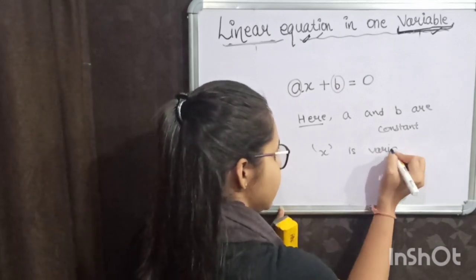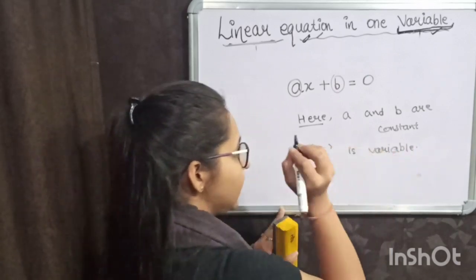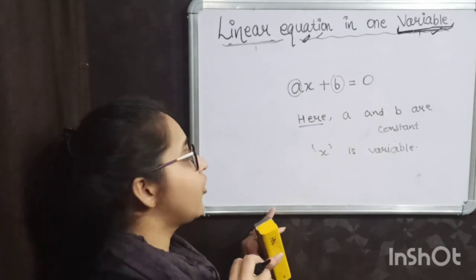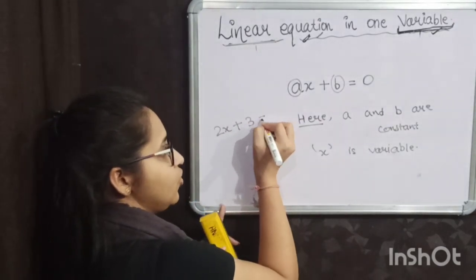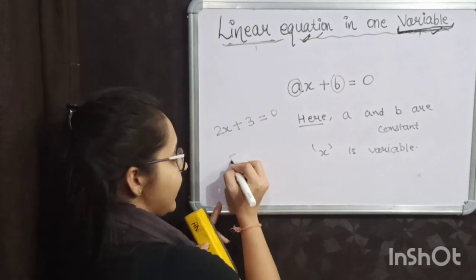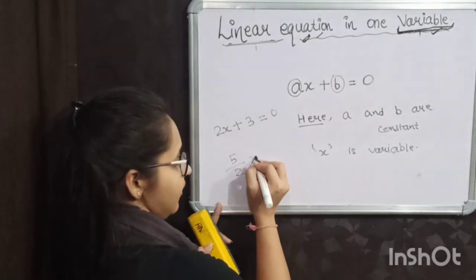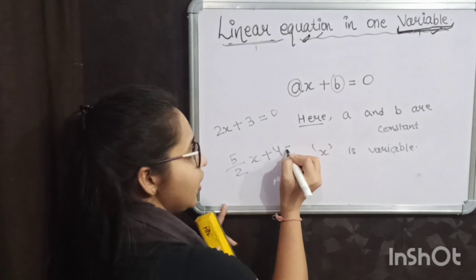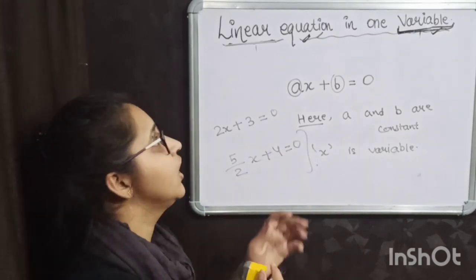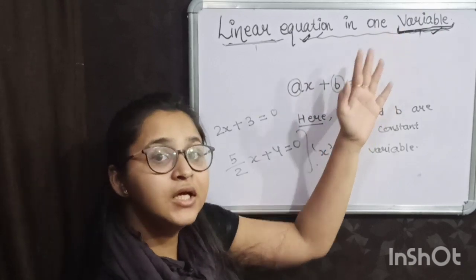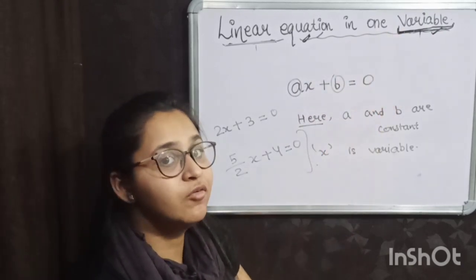Very good. So I can take examples according to this form: 2x plus 3 is equal to 0, 5 by 2x plus 4 equal to 0. These types of equations are known as linear equations in one variable.